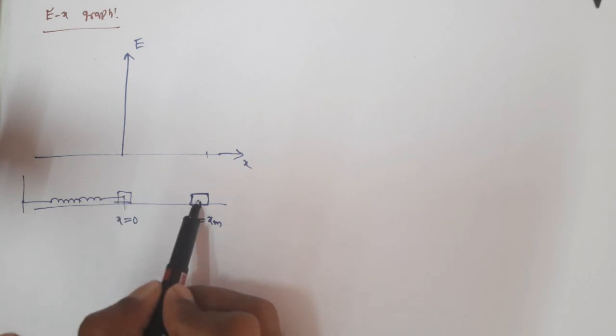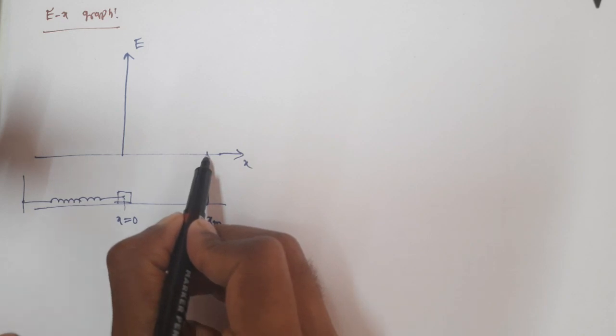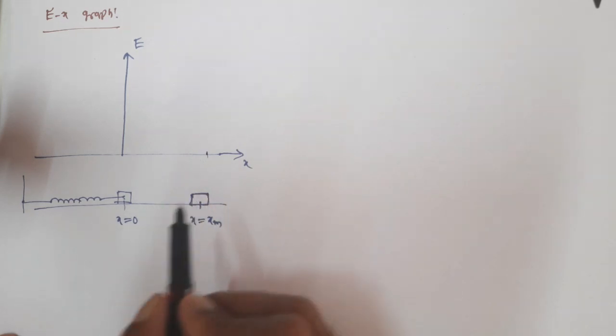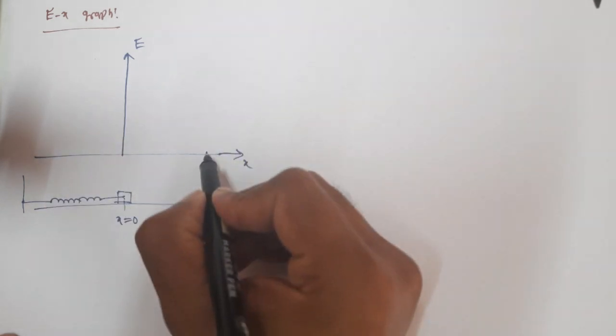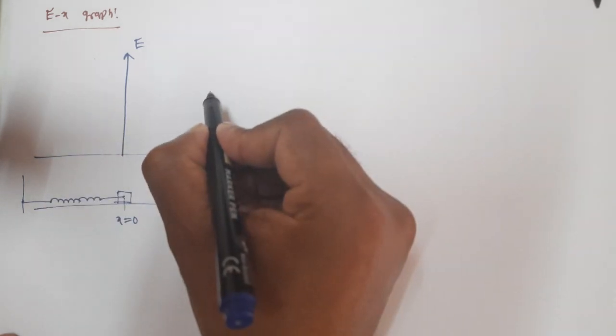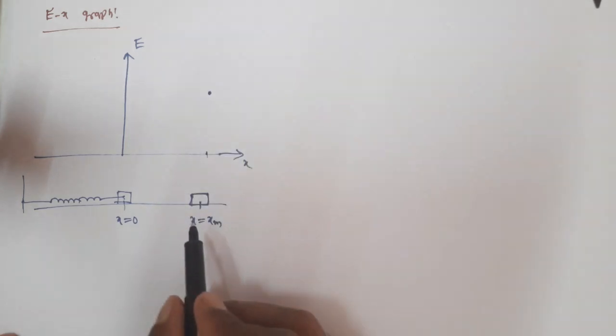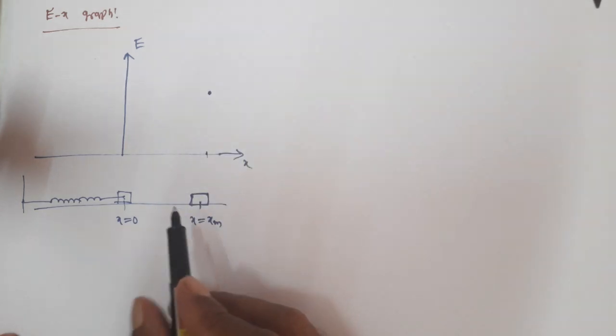So potential energy is maximum here and kinetic energy is 0. Now here I take energy. The energy at this point will be maximum. I am taking only potential energy.